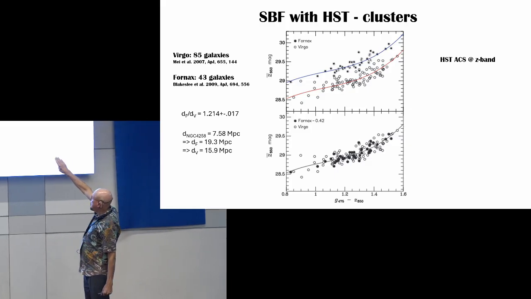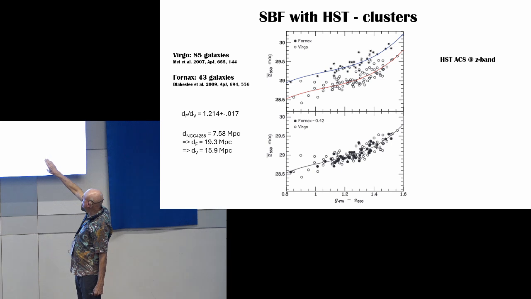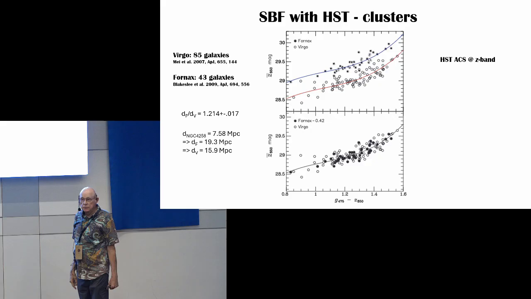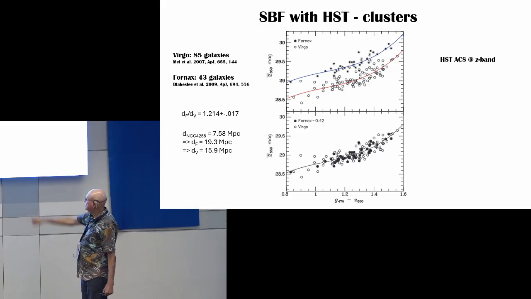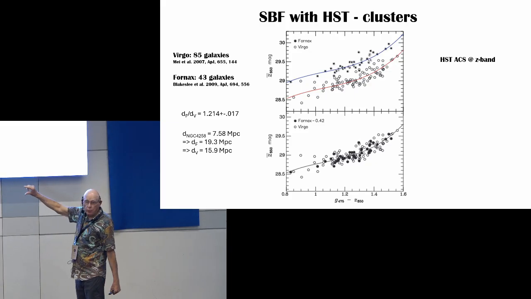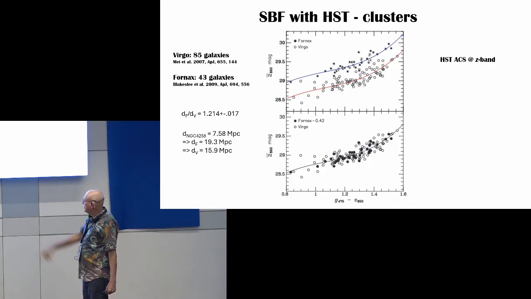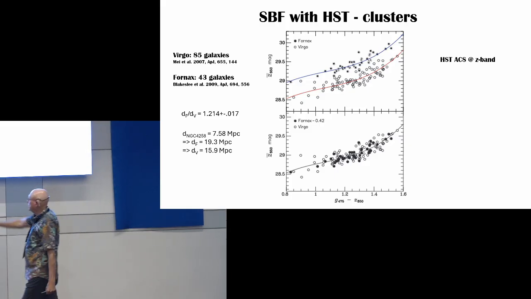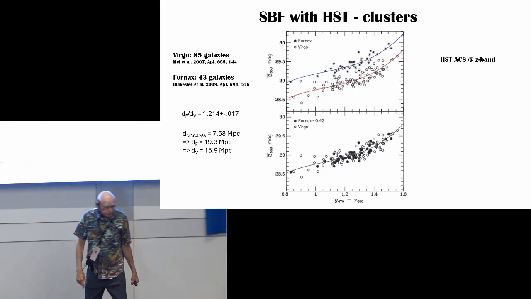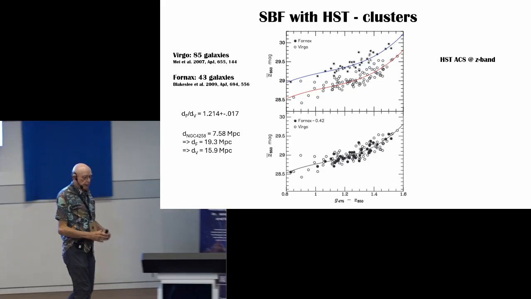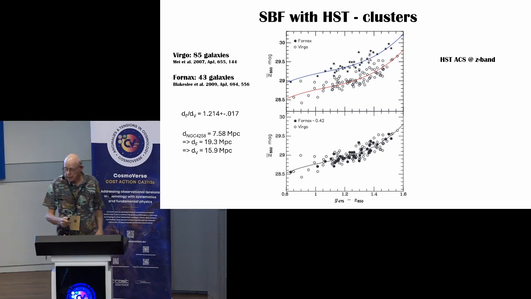And you can see that in the case of the two Fornax and Virgo clusters, these parallel curves here, and then if you match them, you can get a very good relative distance to Fornax and Virgo, which is given there. And so here we have our current best distances to Virgo and Fornax. It's about 16 and 19 megaparsecs.